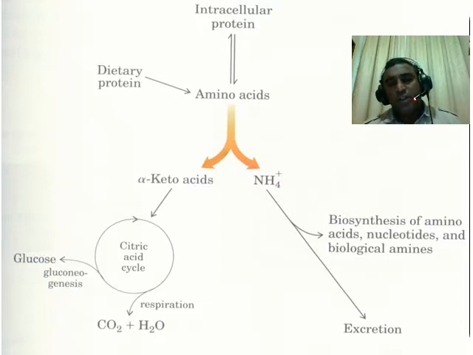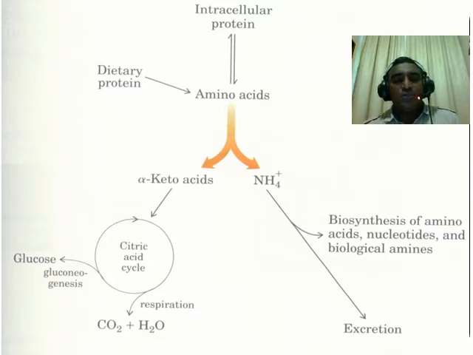So here is a summary of the usage of amino acids coming either from intracellular protein that is built within the cell through transcription and translation, or perhaps derived from tissues such as muscle cells, and also from dietary protein being digested until it becomes free amino acids. All these amino acids firstly need to have the nitrogen part removed to become ammonium ion, as well as the keto acid.